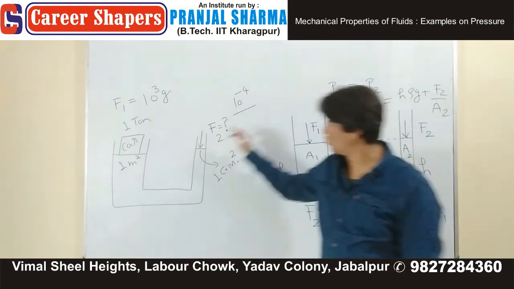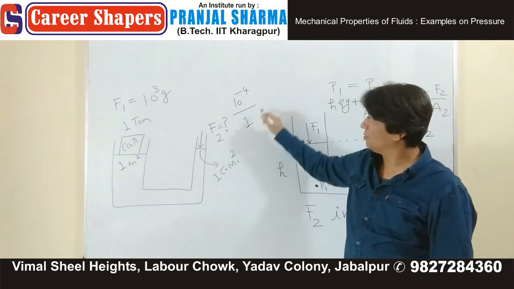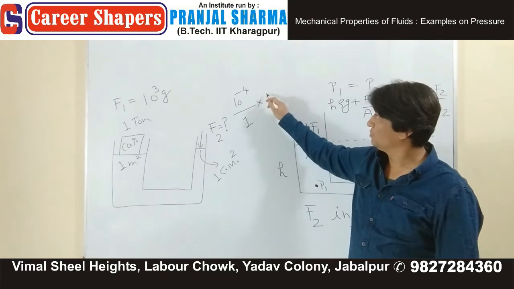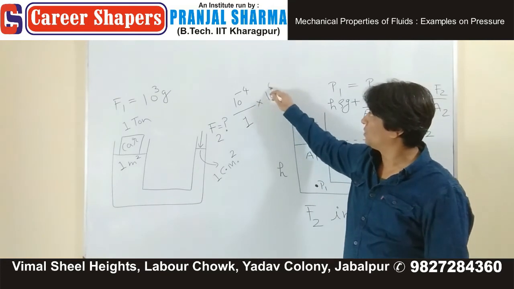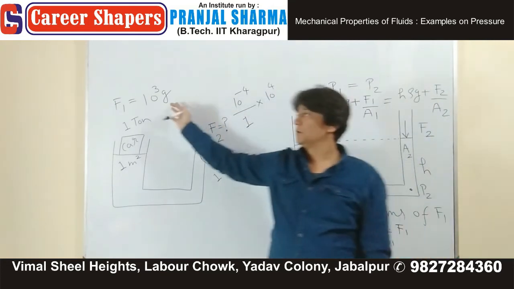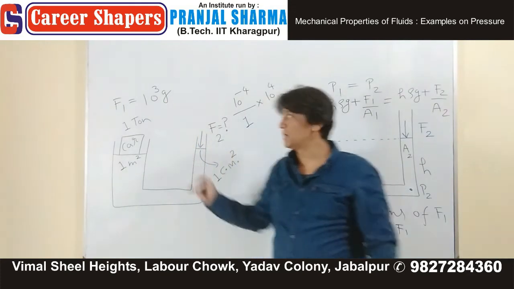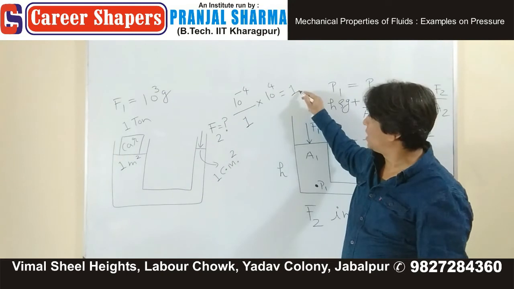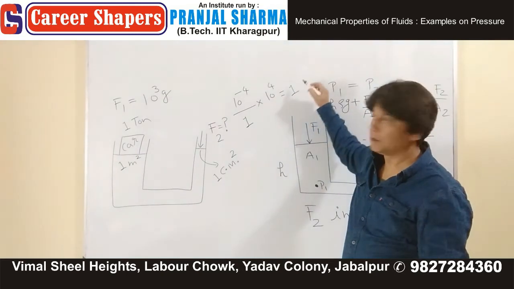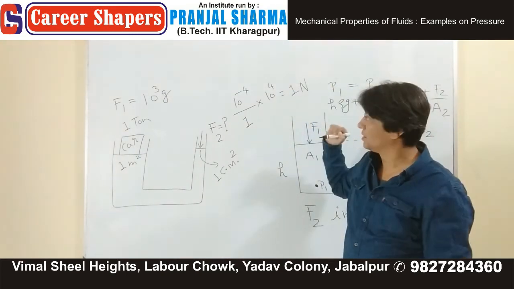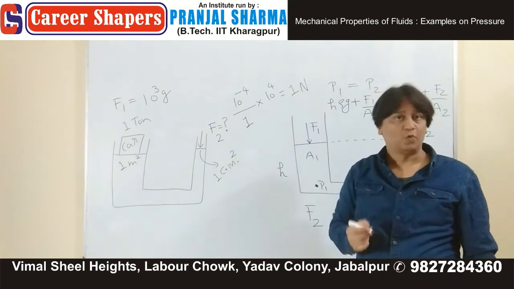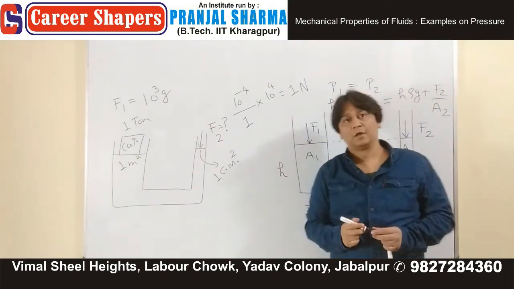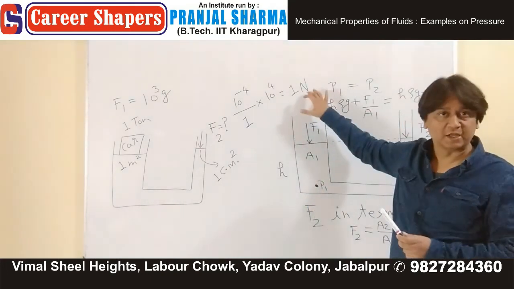A1, which is 1, multiplied by F1, which is 10 to the power 4. Take G also as what? 10. The answer is coming what? 1. What? Newton. So F2 is what? 1 Newton.